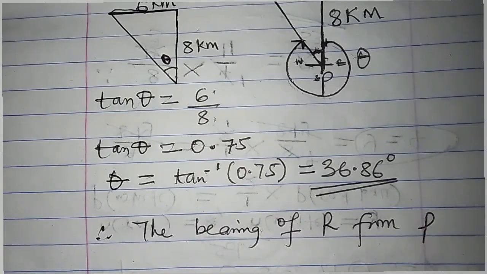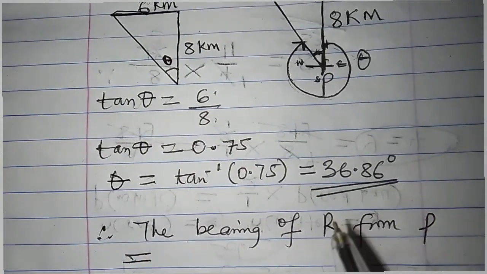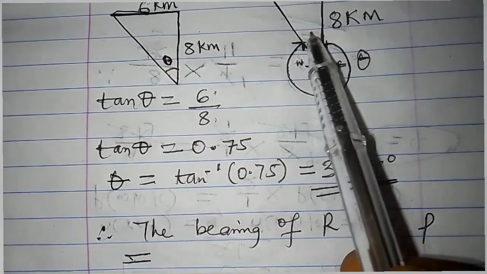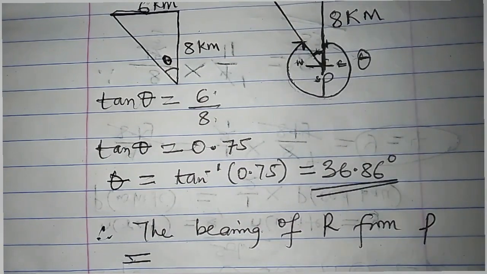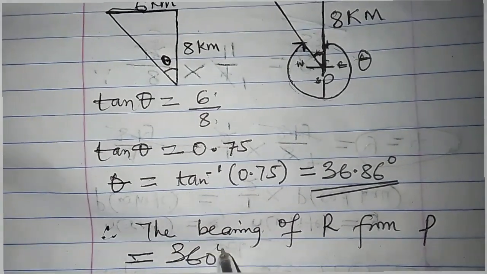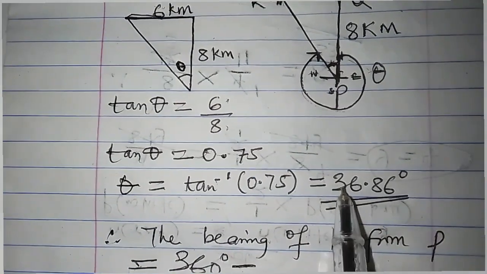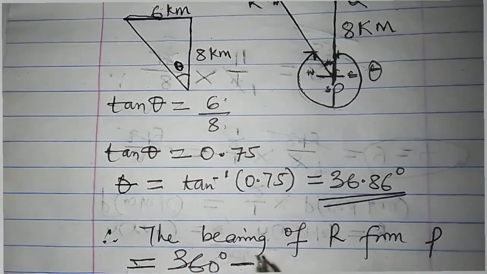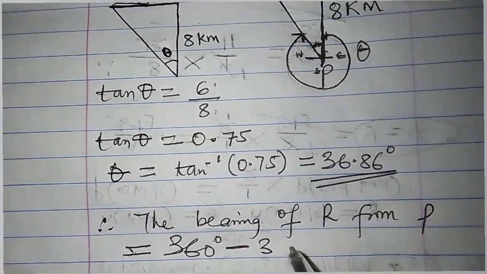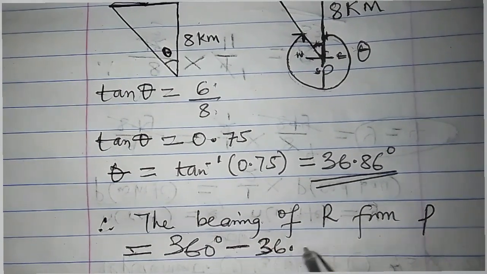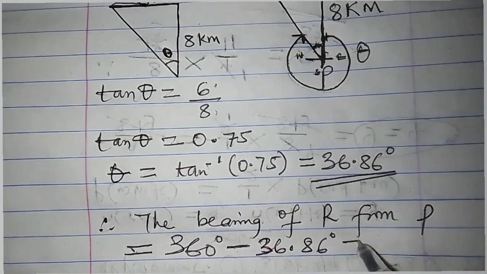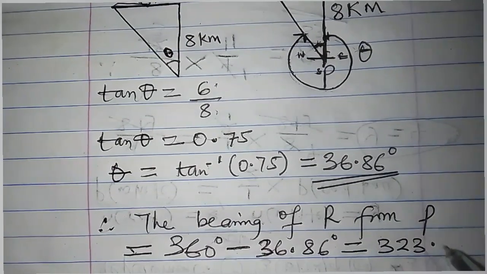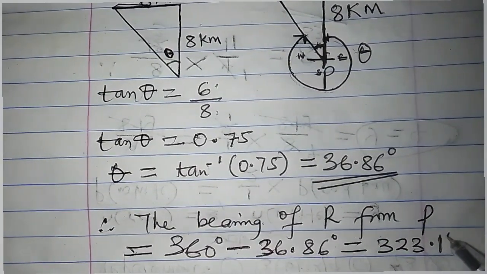So, the bearing of R from P now will be equal to this entire angle, which is 360, the full circle now, 360 degrees, minus this angle inside, 36.86 degrees. So 323.1 degrees.